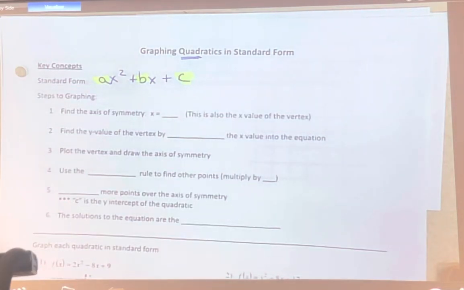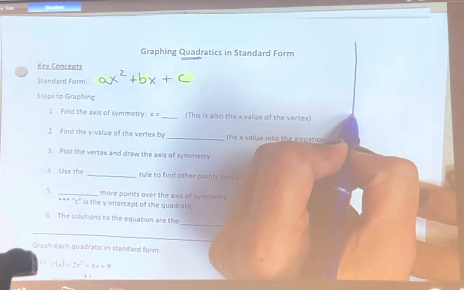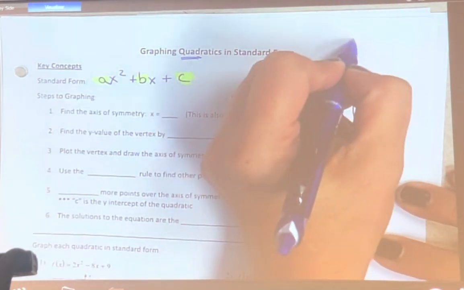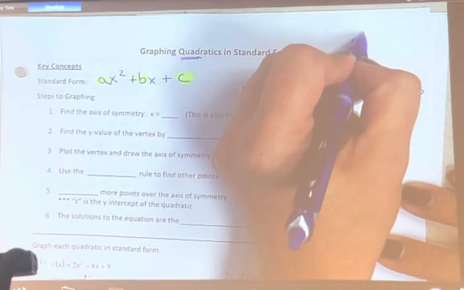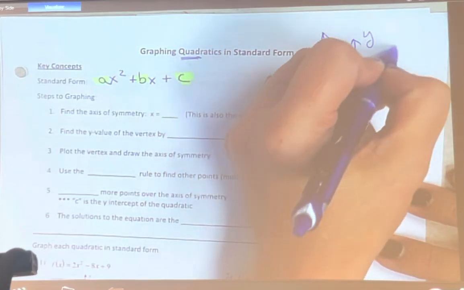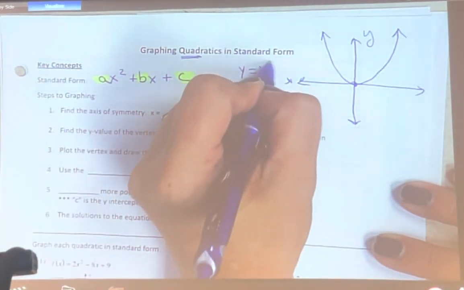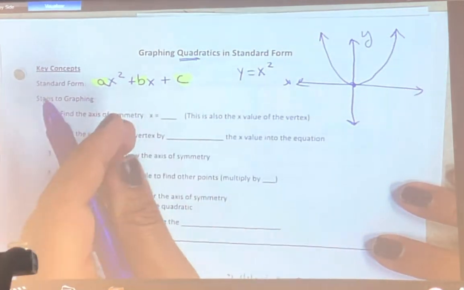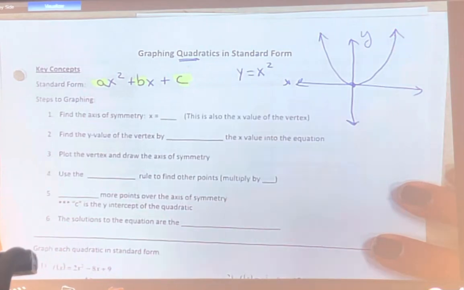When we are graphing a quadratic equation, do you recall the parent function, what that's called? It starts with a P. Parabola.